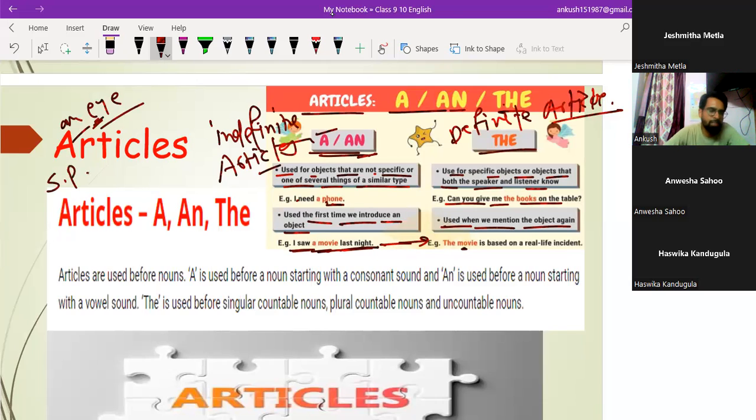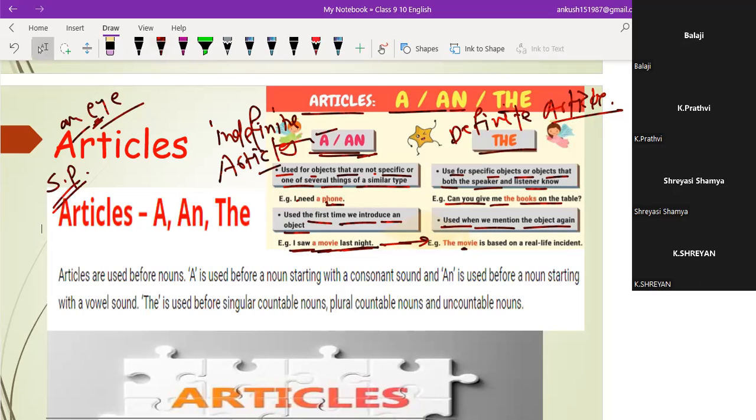Suppose I have written "SP". So what article shall I add there? Yes. Shreyashi, what should be there? "SP". Sir, can you repeat? This "SP". What article should be written here? Anvesha? Yes, sir.